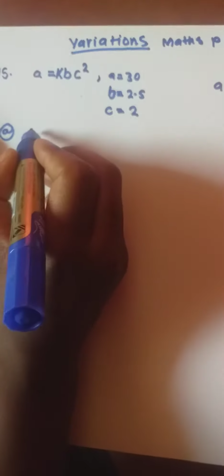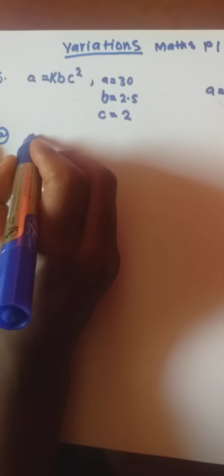Given this information, you are always asked to first find the value of K, the constant of variation. So the question is the value of K. To find it, you need first to come up with the relationship.